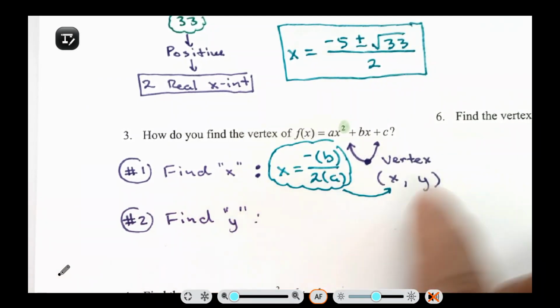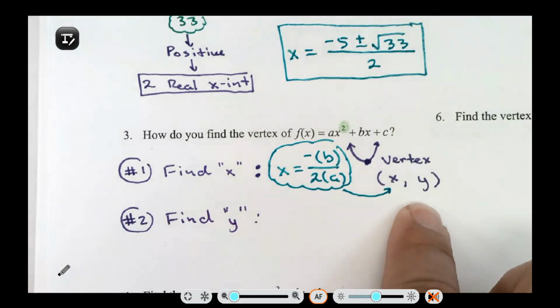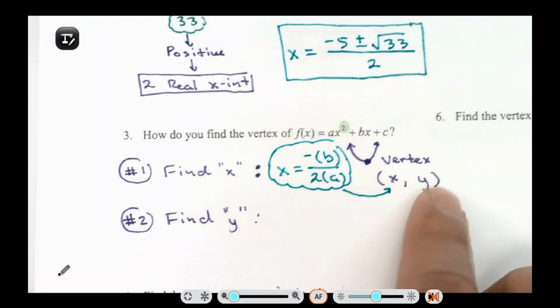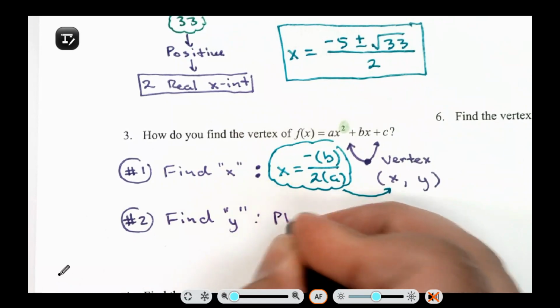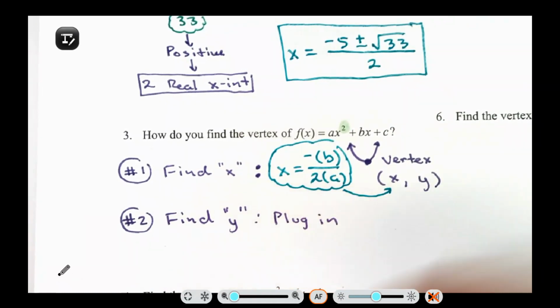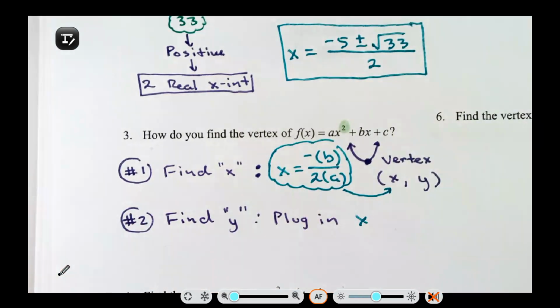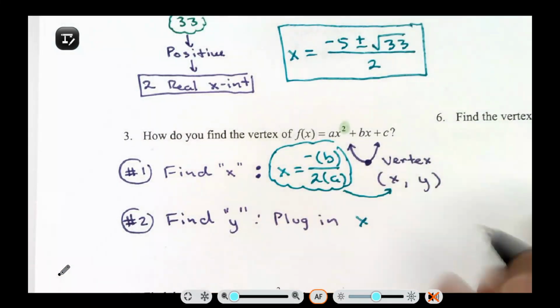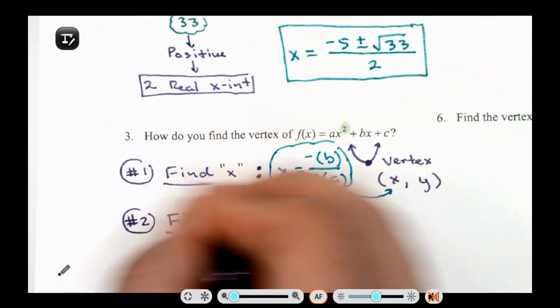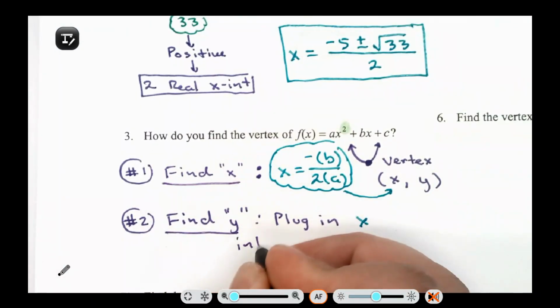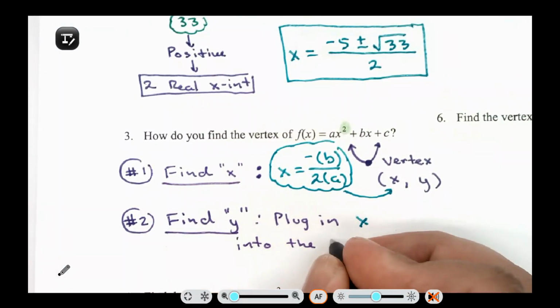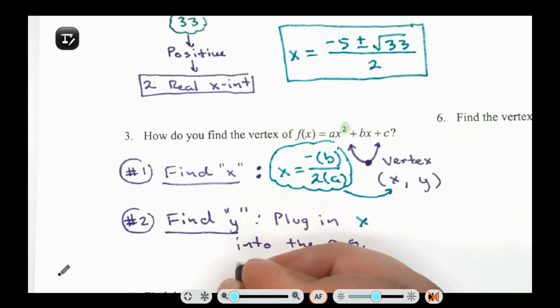Find your y value of that vertex. And all we have to do is remember that if I'm going to find the y value, all I have to do is plug in the x that you just found up here, plug in that x into the original, I'm just going to write OG equation.